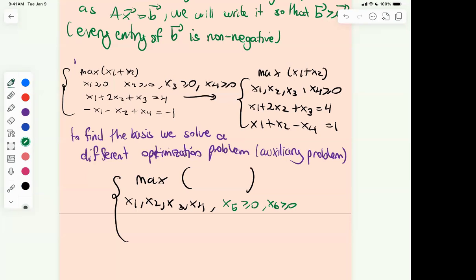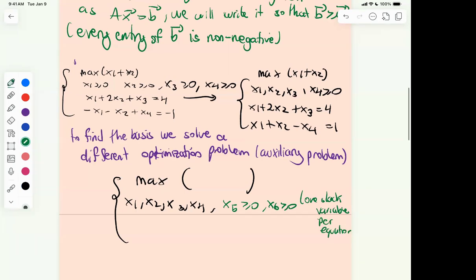So you add one slack variable for each equation. In this case there were two equations, and that's why we add two new slack variables, and they get used exactly the same way as before: usually the slack variable just gets added at the end of each equation. So I'll do the same here.